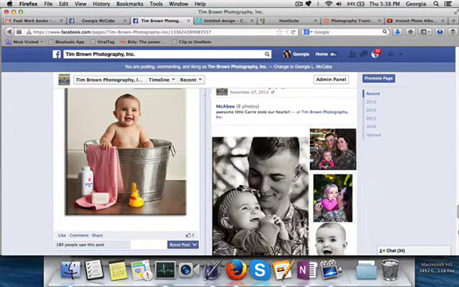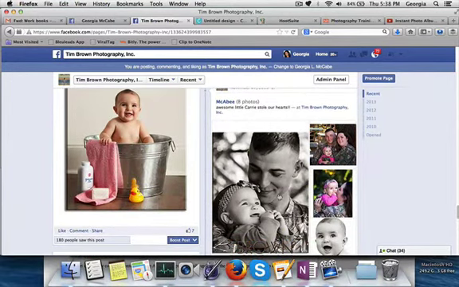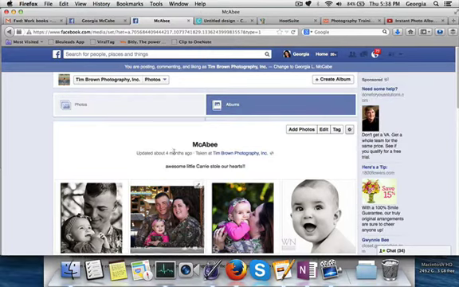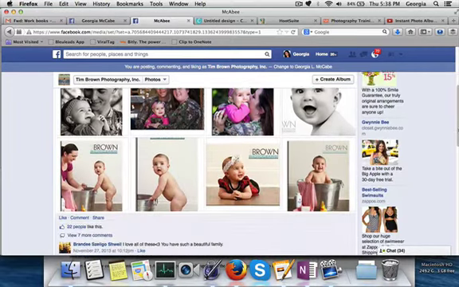They said, this little Carrie stole our hearts. But what they did was they actually created an album. So they made the album, titled it, and then put in all the different pictures that they had actually taken.